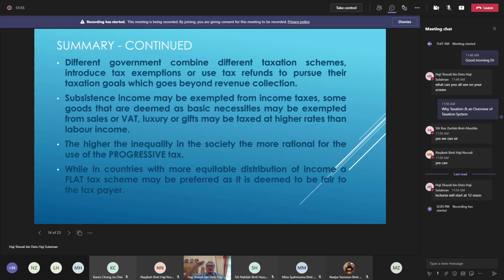So you have an income distribution that is so wide that there are more people with high income and fewer with low income, then a progressive tax system is probably more of a system that will be put in place. While in countries with a more equitable distribution of income, a flat tax scheme may be preferred as it is deemed to be fair to the taxpayers. So if everybody is the same, like the old communist China, everybody's got the same income level, then it is a flat rate of tax.